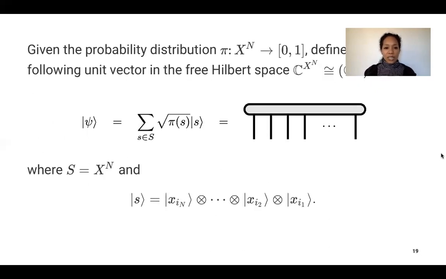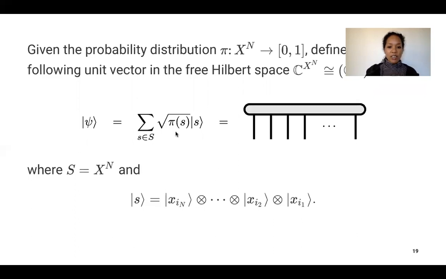So it's pretty simple. We started with a probability distribution on our set of sequences, and that probability distribution can be represented as a unit vector in the free Hilbert space generated by the set of sequences, which is isomorphic to the n-fold tensor product. So quite simple.